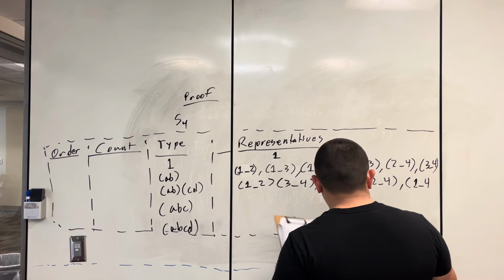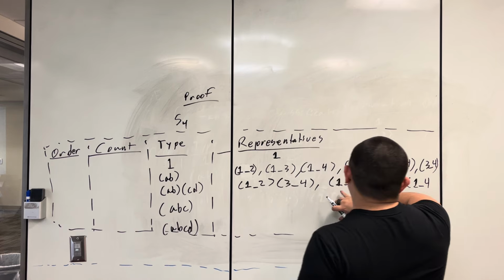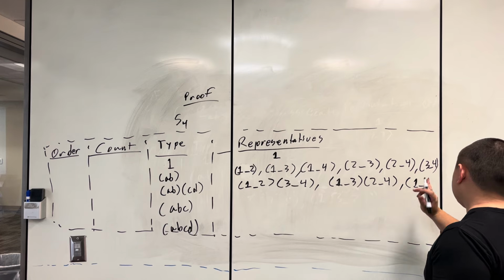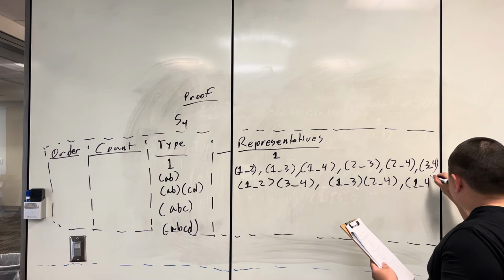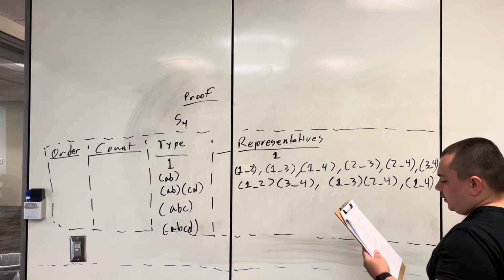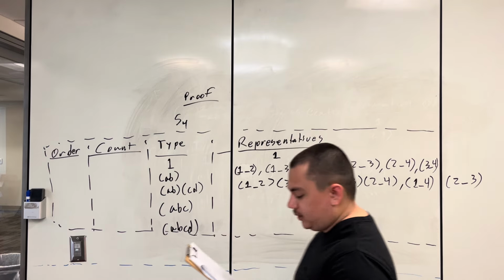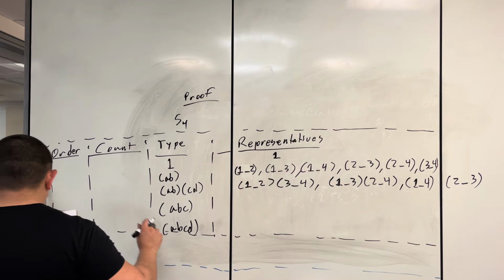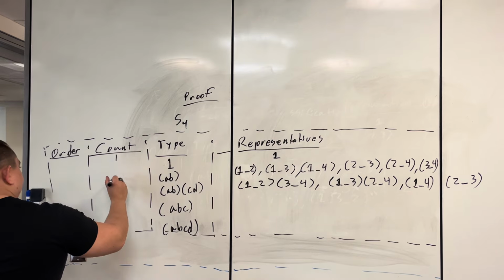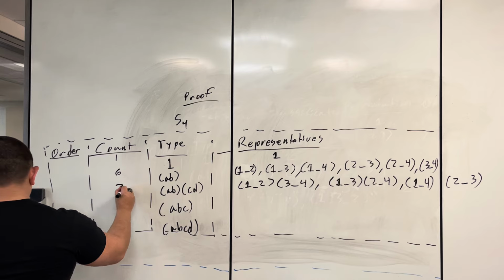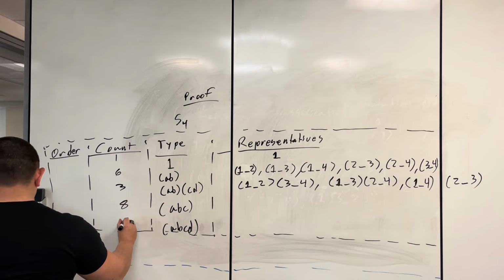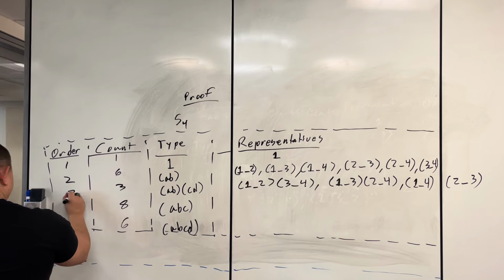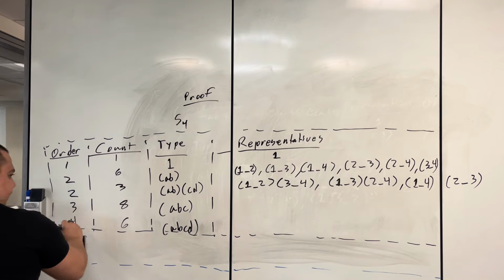Okay, so let's just try and stick to it. Right? This goes on and on and on. So what would the count be here? 1, 6, 3, 8, 6. We haven't gotten to that yet, but that's fine. I'm just putting these down here for later. We'll discuss them a bit more fully in a bit.